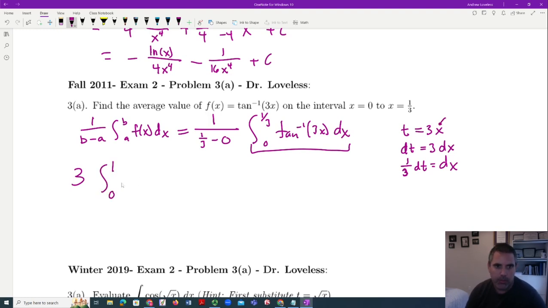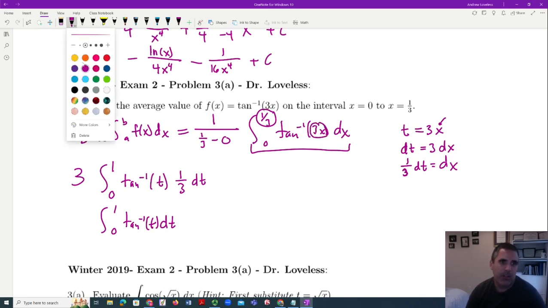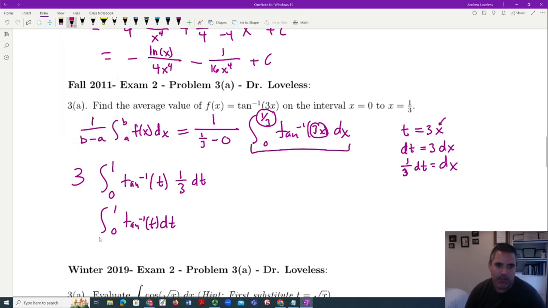So 0, 1. And this is going to be 1/3 dt. Ooh, and then the thirds cancel. And this is something I talk a lot about in my class, is how if things are a little complicated, you might try a substitution just to make it look nicer. Is that necessary? No, but I'm happy that from here on out I just have to compute this.